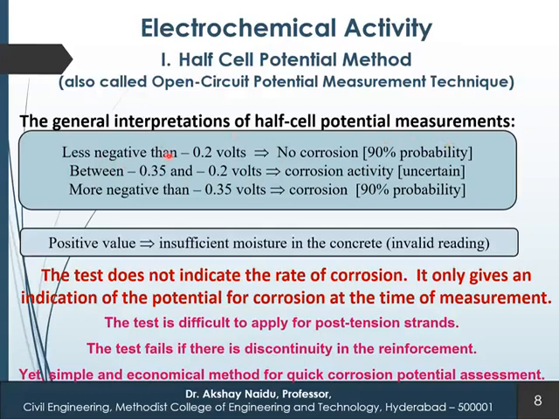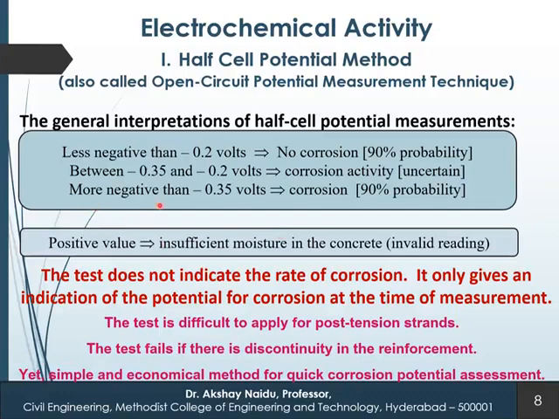Less negative than minus 0.2 volts. That means if your voltage is greater than minus 0.2 volts, then there is no corrosion. This is 90% probability that there is no corrosion. If the values are between minus 0.35 and minus 0.2 volts, then corrosion activity is possible, but there is uncertainty.